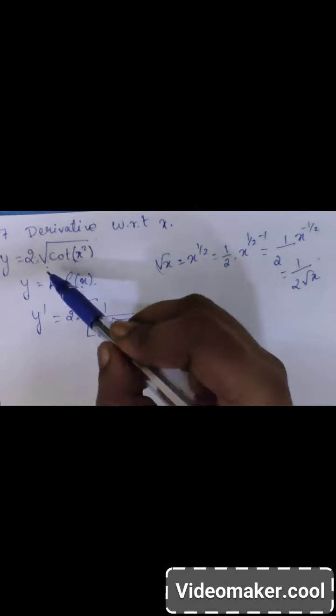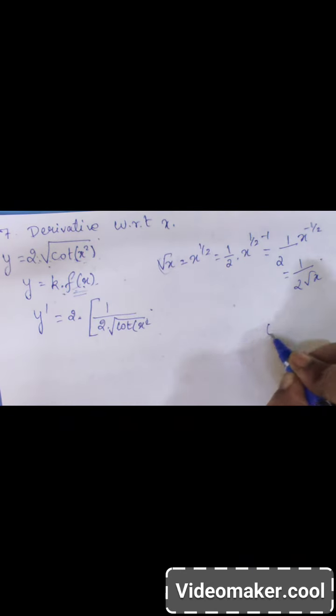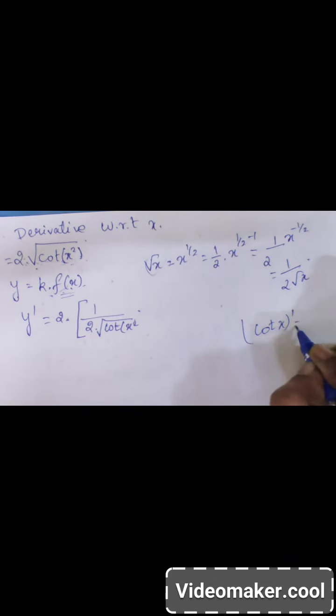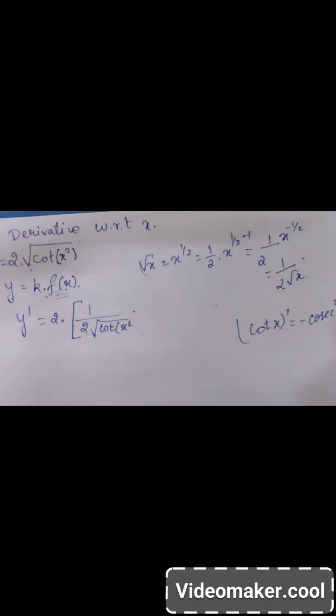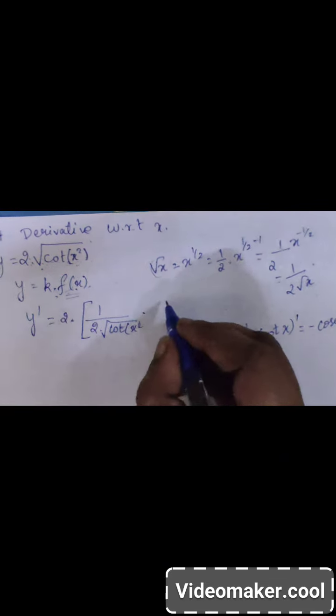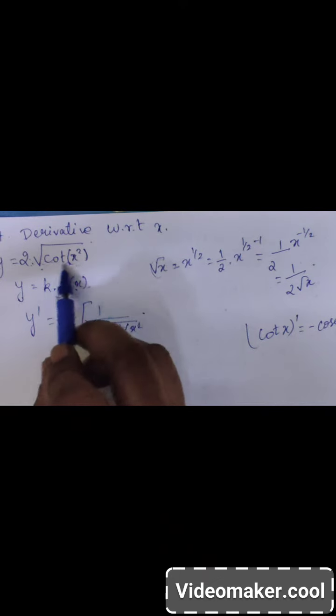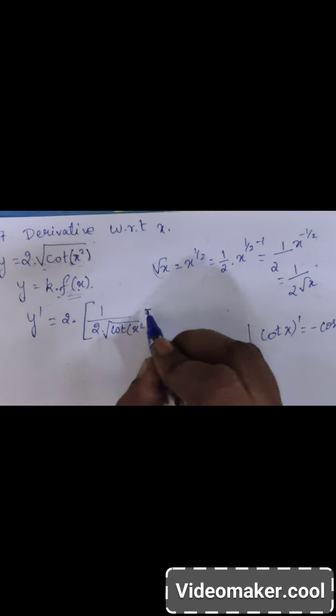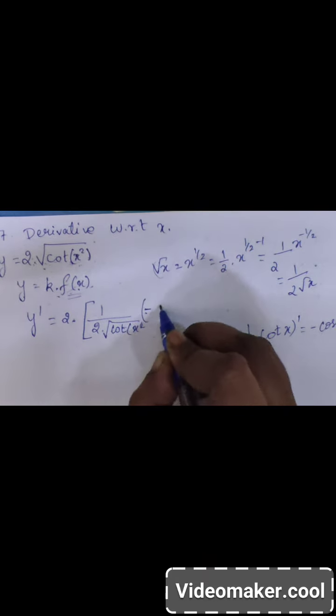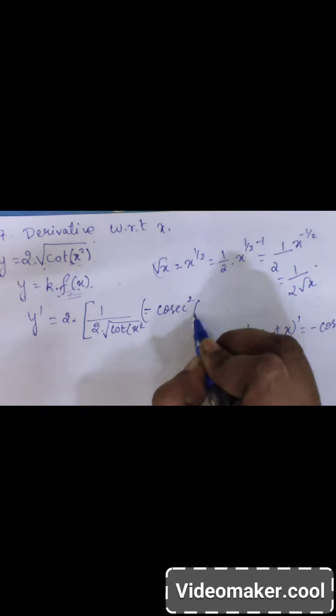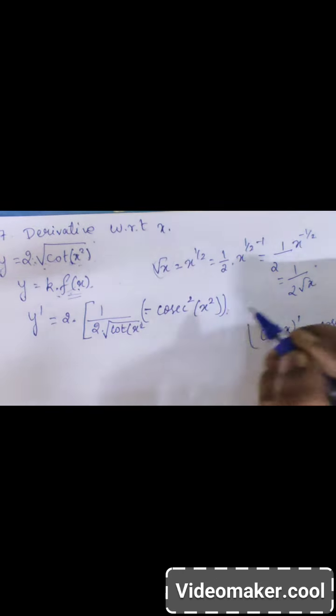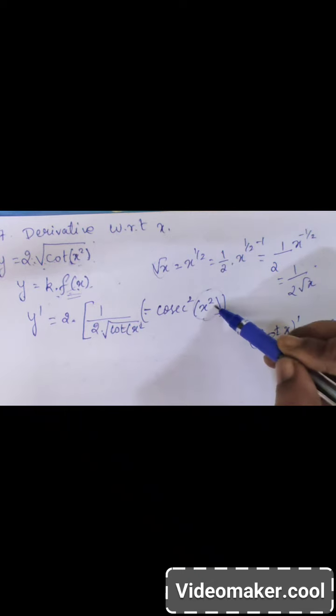Now we have to differentiate cot of x square. The derivative of cot x is minus cosecant square x. So while differentiating this, we will get minus cosecant square of x square. Now we have to differentiate this x square.